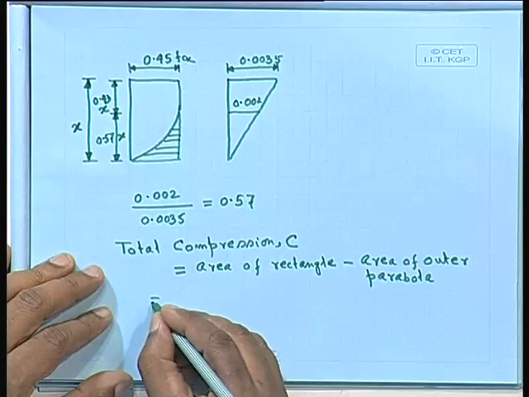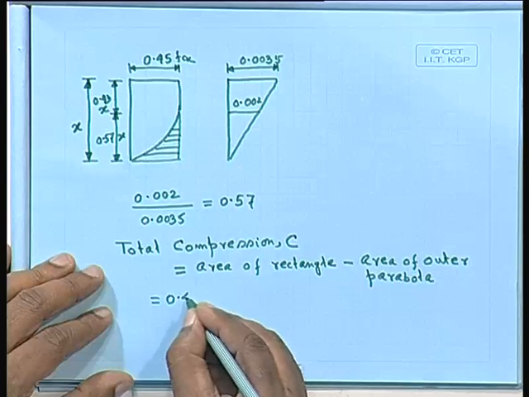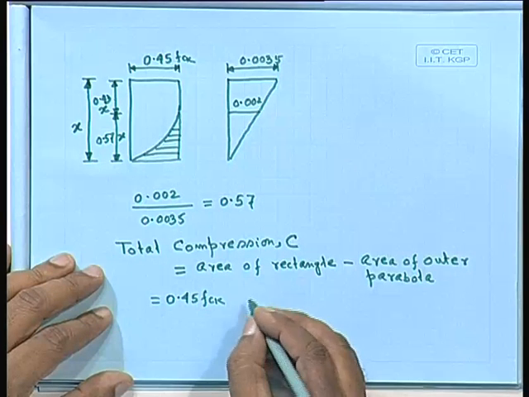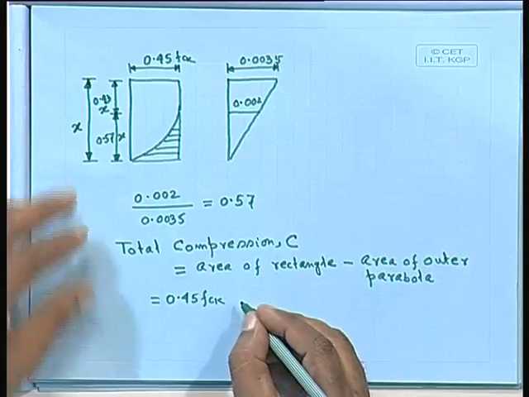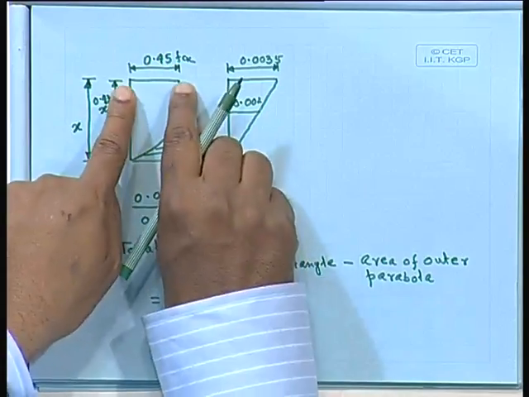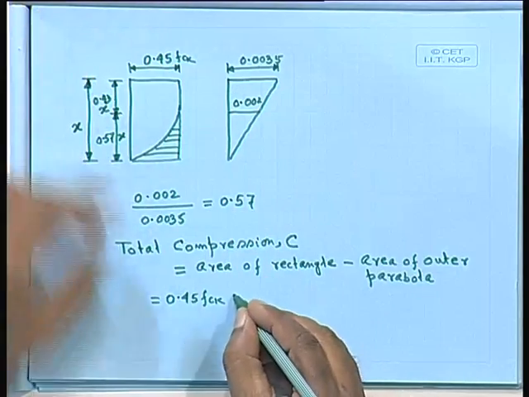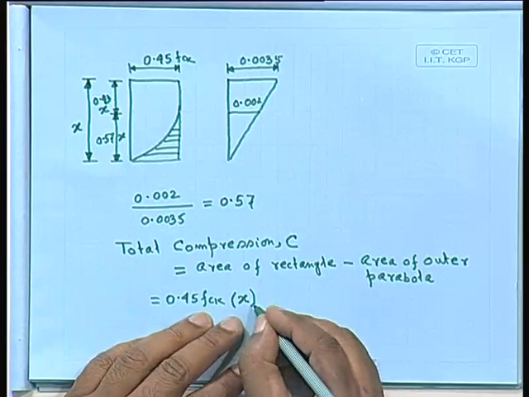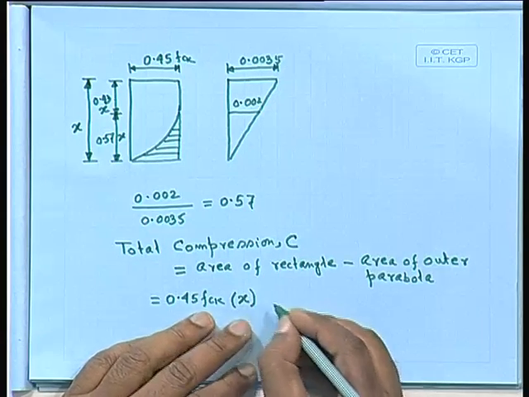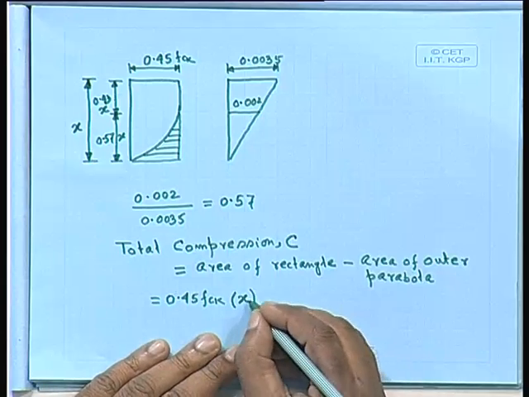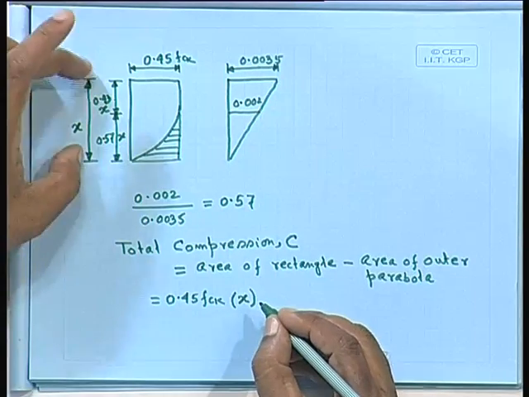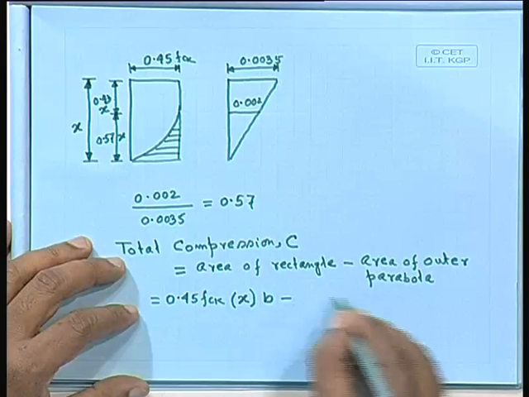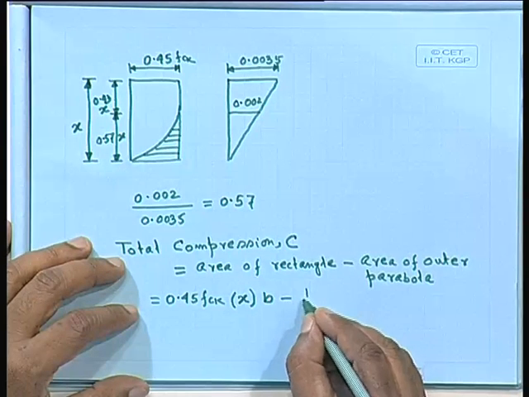Equal to 0.45 fck, this one multiplied by the neutral axis. To separate it out, let us give a parenthesis. It is not multiplication by 1; x is the depth of the neutral axis, multiplied by b, minus 1/3.